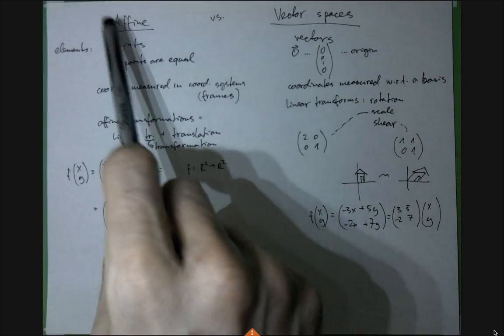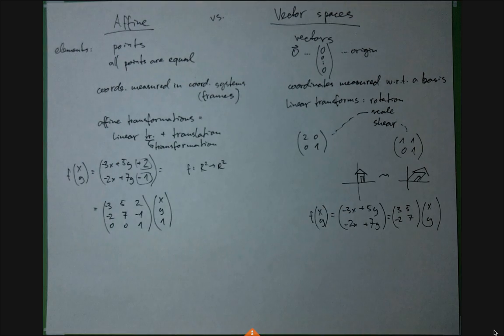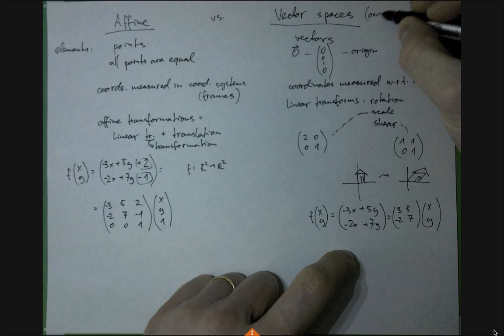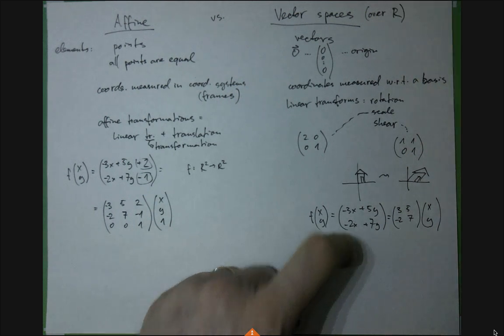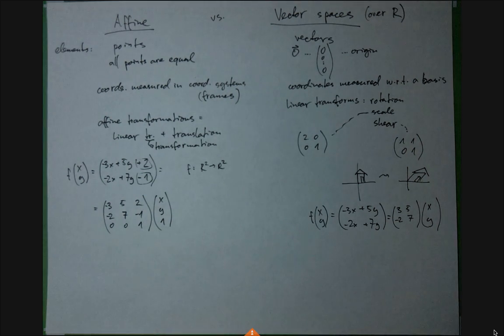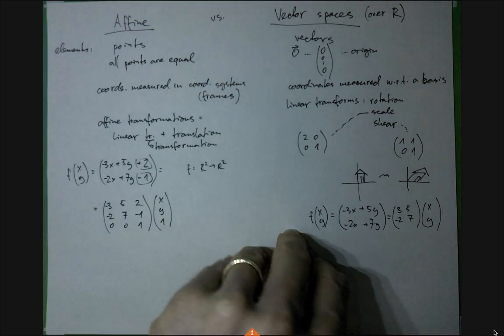So we'll be talking about both affine and vector spaces over the reals, over R. It's a set with certain operations, scalar multiplication and vector addition, that has to satisfy this laundry list of properties. It's like 10 properties, right? So let's take a look at how we can mathematically define the affine space. I think it's good to have a definition.